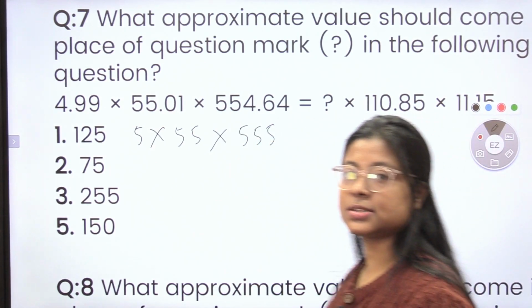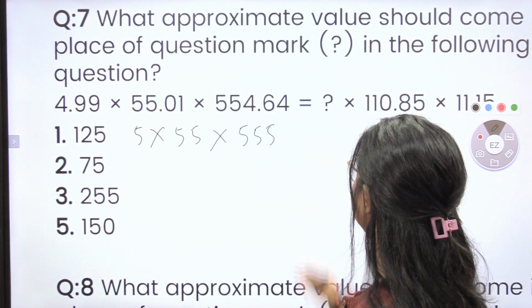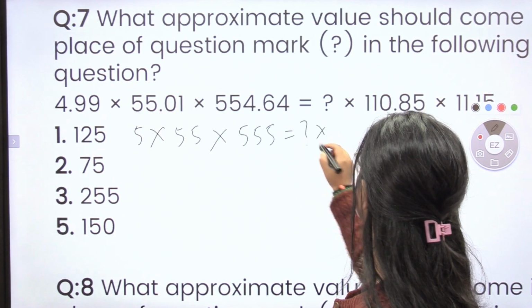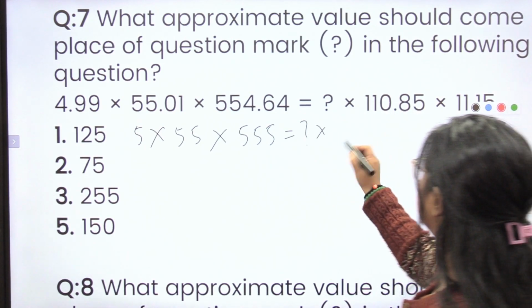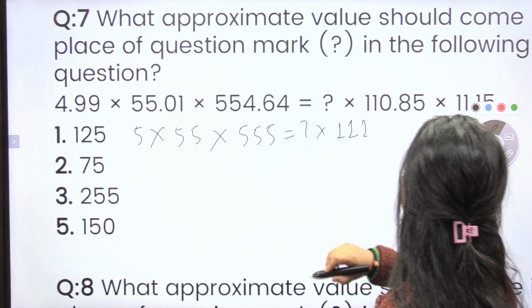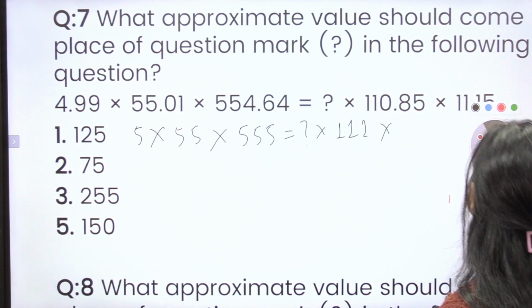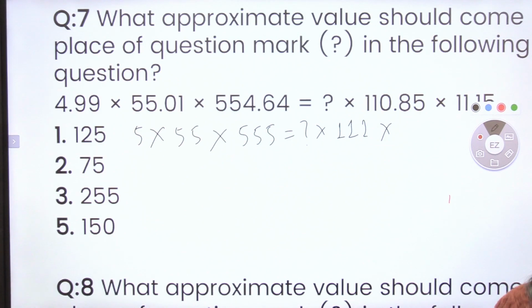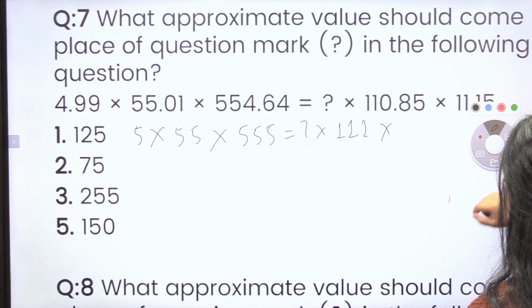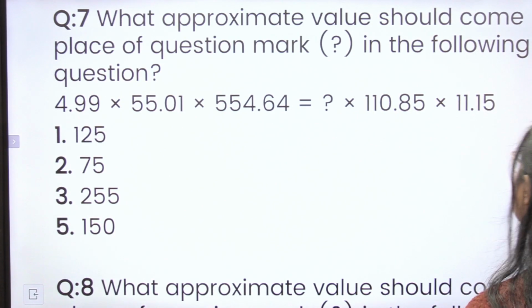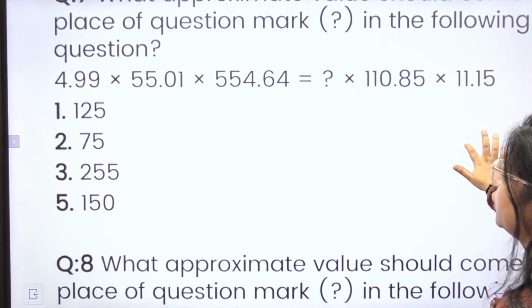After the decimal the value 6 is greater than 5. That's why 555 is equal to question mark into 110.85, which will give you 111, into how much value is here? 11.15 is here. Okay. 11.15.